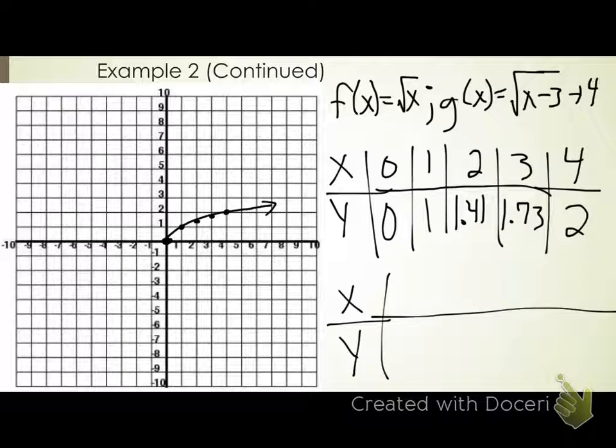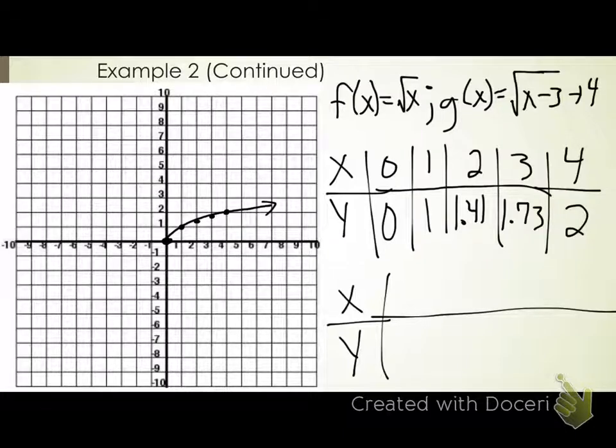So am I changing the shape of the graph at all or the orientation? No, I'm literally just changing the position. So I can just take all my points and do the translations that are occurring. So what translations are occurring again? 3 units right, 4 units up. So I can just take each ordered pair and go right 3, up 4, put a new ordered pair, and that'll be the correct transformation.